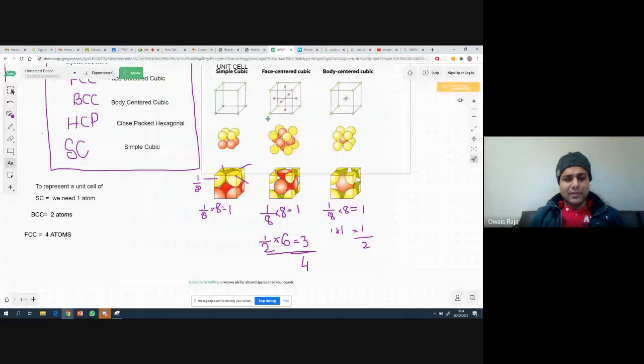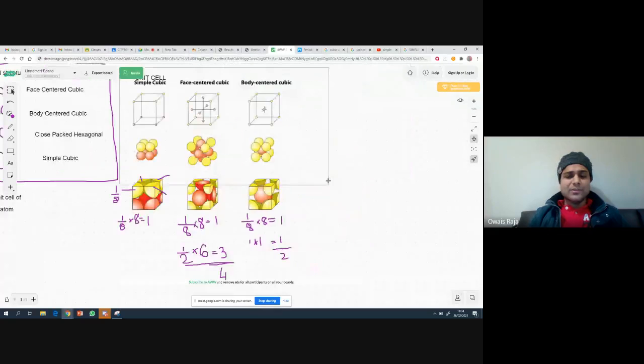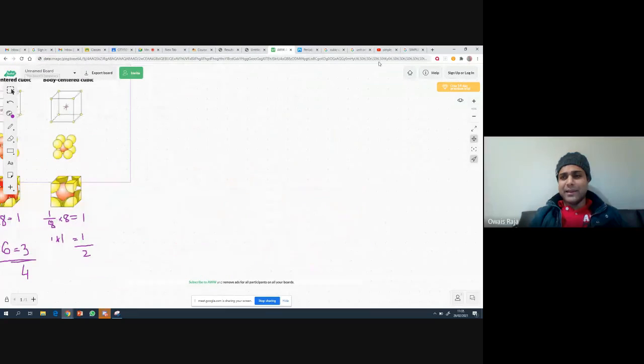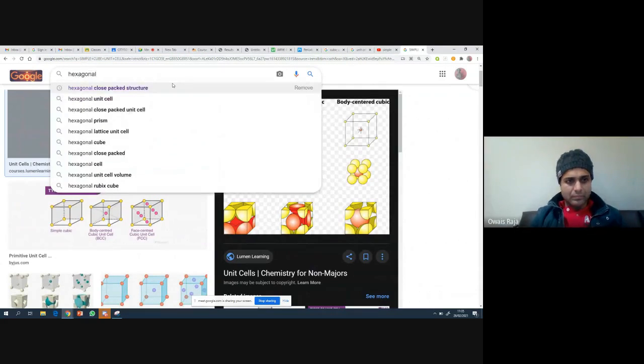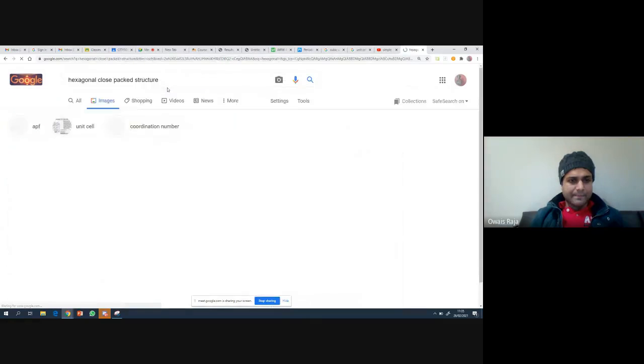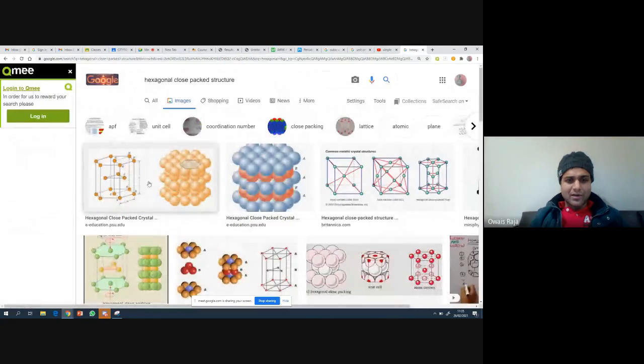Okay. Now then there is another unit cell which is called the HCP. HCP is called the hexagonal closed pack. Let me find the structure of HCP. Okay, that's how the hexagonal closed pack looks like.